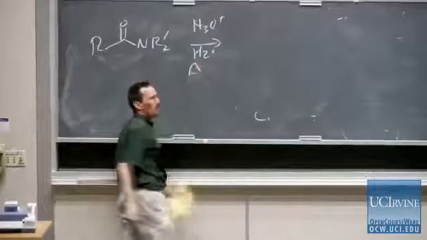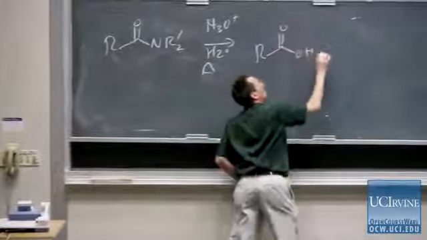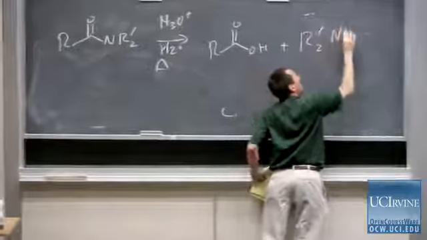Maybe heat that a little bit. And again, of course, you can't go to the stockroom and get a bottle of H3O+. It's going to be sulfuric acid and water or HCl and water. You'll get the carboxylic acid and the corresponding ammonium salt.